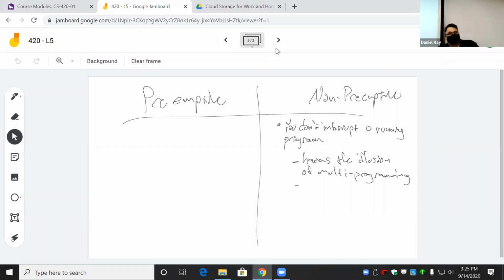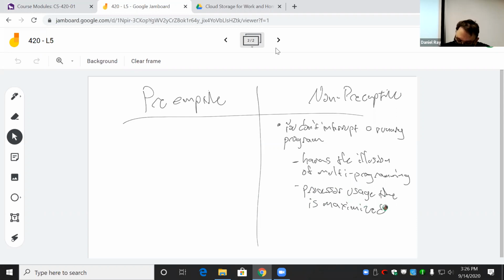Now, from the processor perspective, is preemptive scheduling good? Non-preemptive scheduling doesn't spend time switching between tasks. What does that mean for us? Gets more done, in the sense that the processor usage time is maximized.